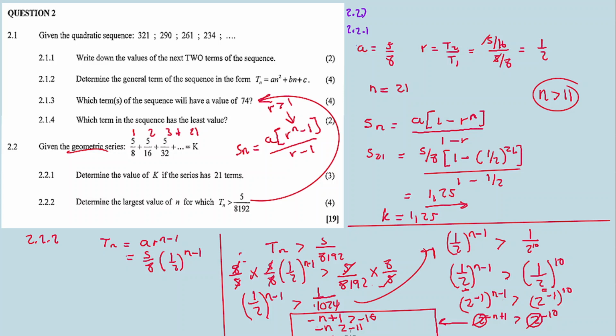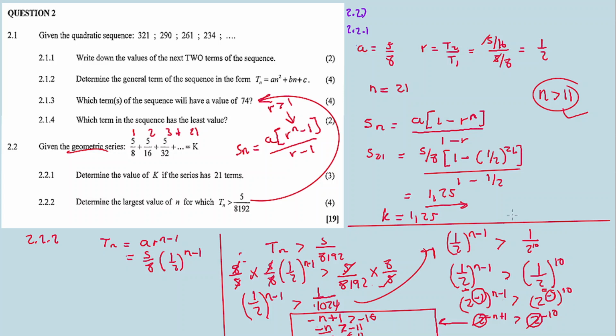Therefore n will be less than 11. The direction changed, so it's not the same as this one. It's because of this negative number. Once we divide by a negative number with an inequality, the direction of the sign changes. The direction of the sign was greater than, because you divide by minus 1 you have to change the direction to less than.